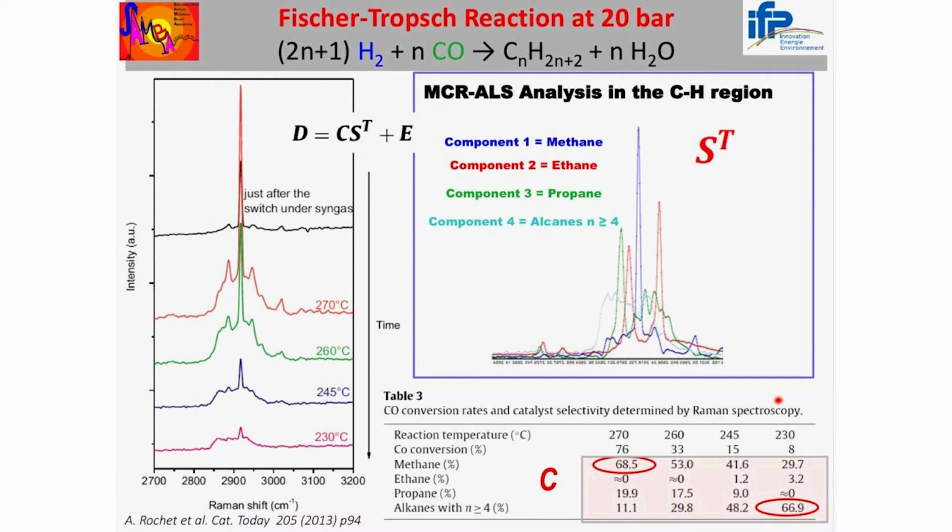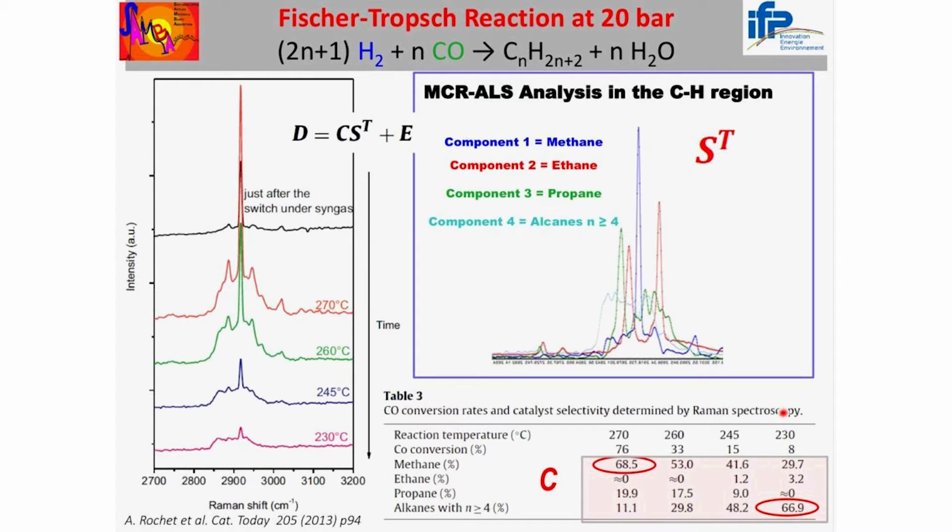Now, if you look at the result obtained at low temperature, for the less active catalyst, we have the reverse results. We have a very high amount of alkanes with long chains, about 66%, and only 30% of methane.